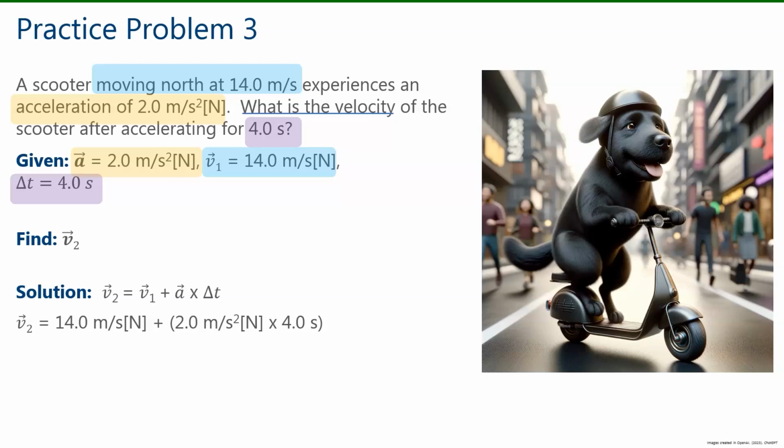Remember your order of operations. Do your multiplication first. That gives us 14.0 meters per second north plus 8.0 meter per second north. Our final answer then for final velocity is 22.0 meter per second north.